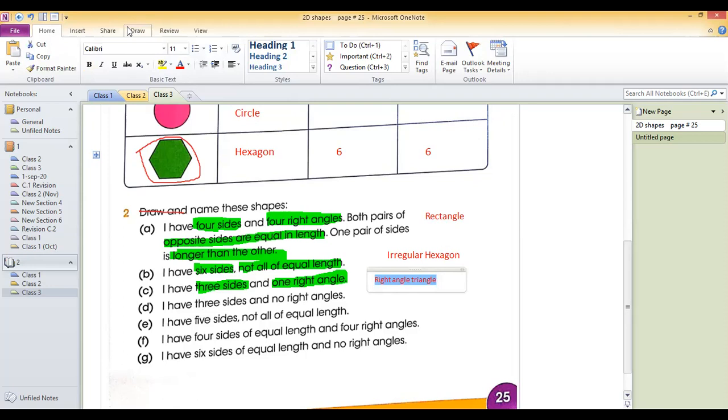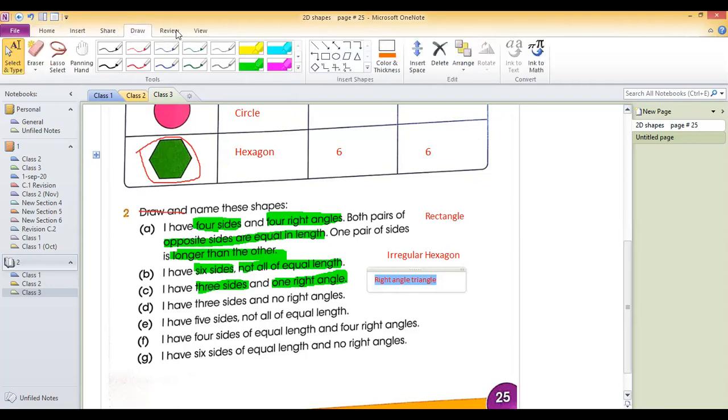Number 3 is the right angle triangle. I can show you with the help of this line. This is a straight line, and this one is perpendicular to this line, making a 90-degree angle.